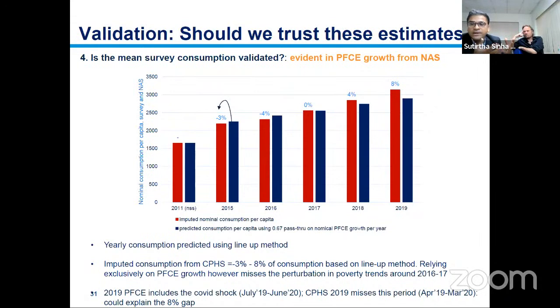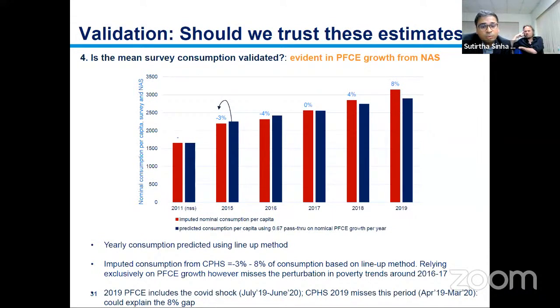So if we discount the national accounts nominal consumption by 67%, we'll have an estimate. I'm not saying that that's the correct estimate, but we would have an estimate of mean survey consumption. And so we can compare our mean survey consumption from the approaches to that number. That number is the blue line and our estimates are the red bars.